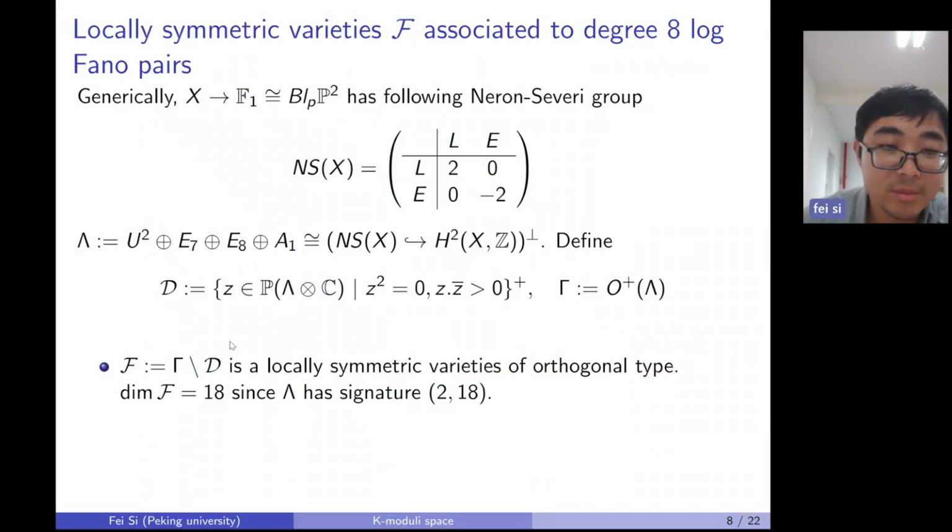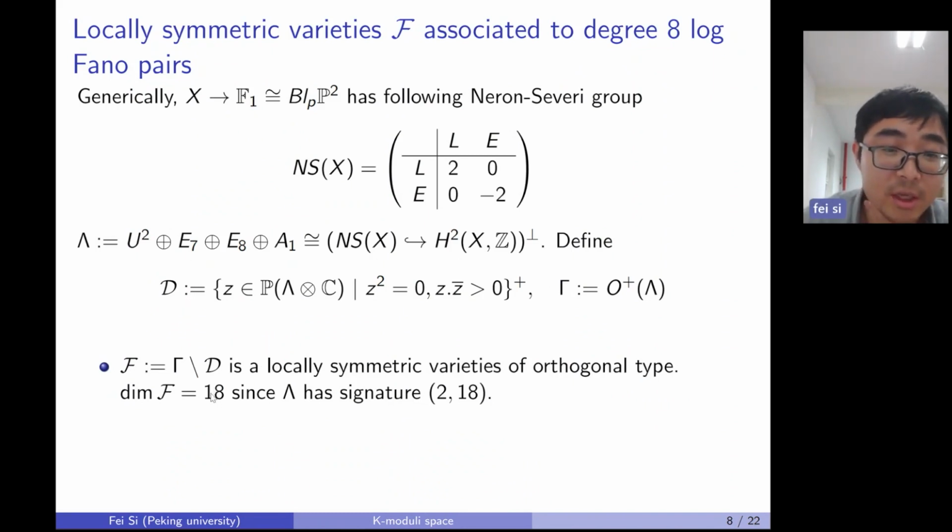Now we can consider the quotient space, since this group naturally acts on this period domain.